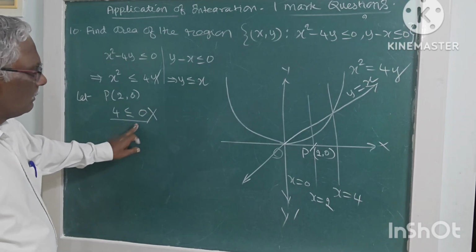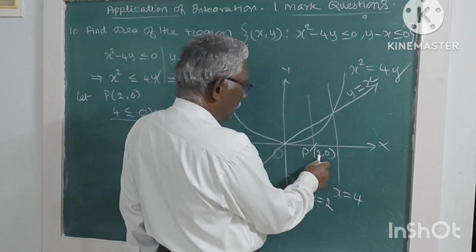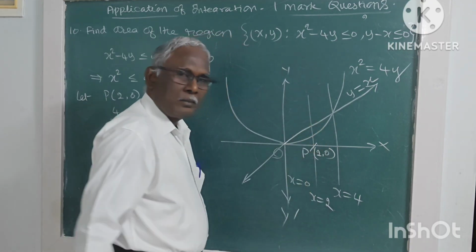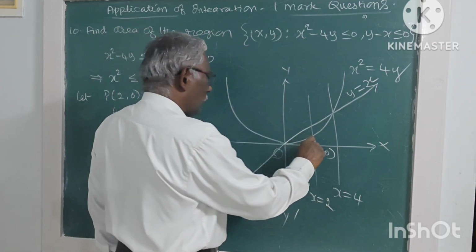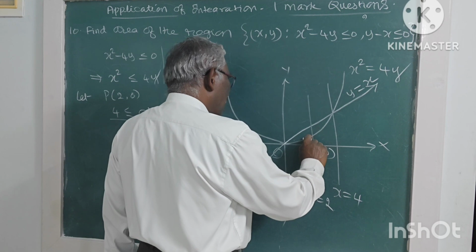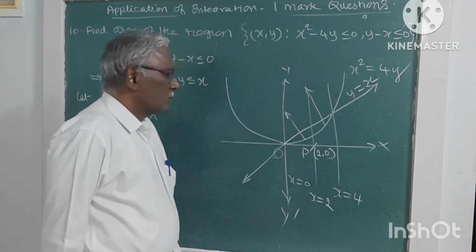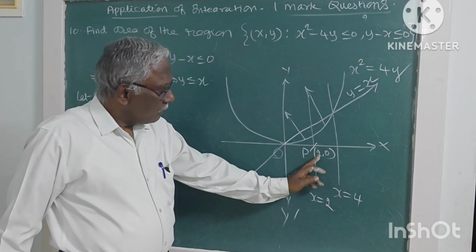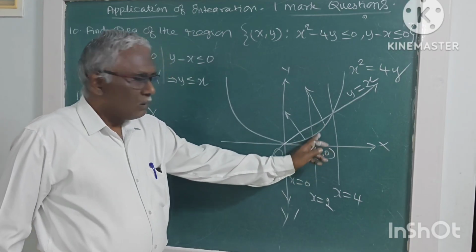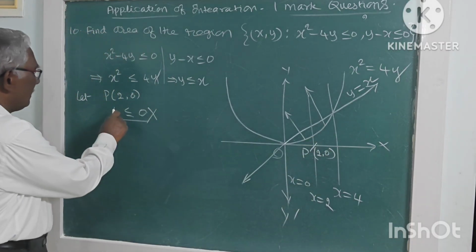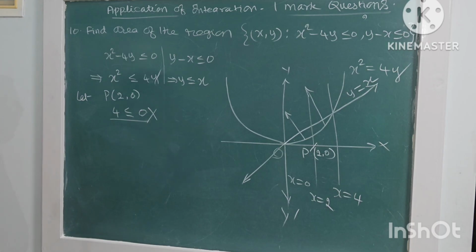So this is not a solution for this parabola, so the solution for the parabola will be towards this side, because 4 is not less than 0.